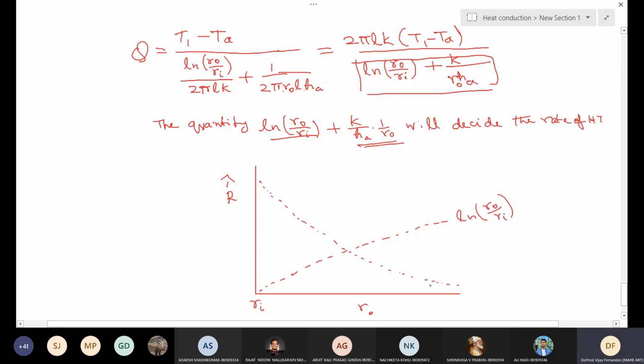So this is nothing but ln H by HA into 1 by R0.